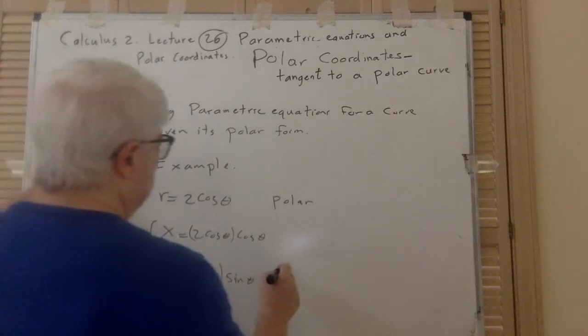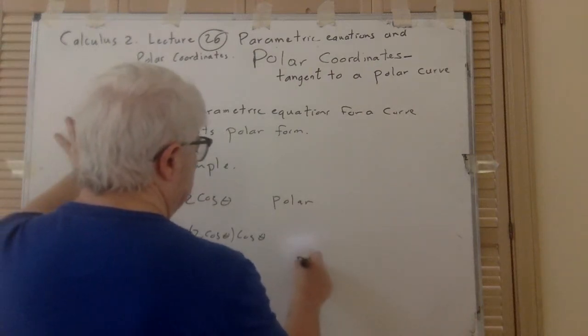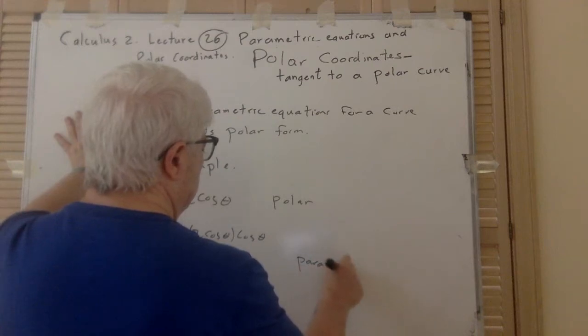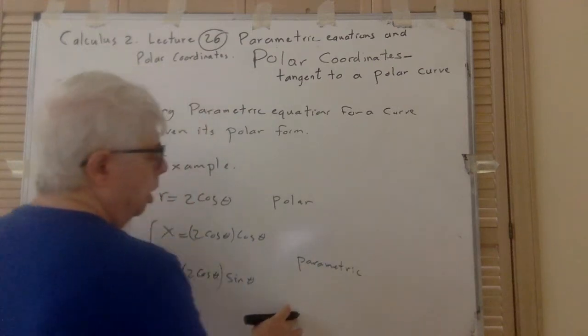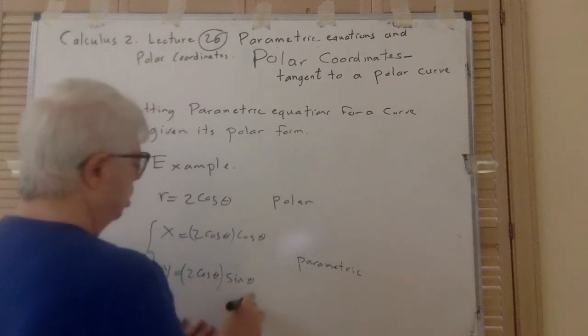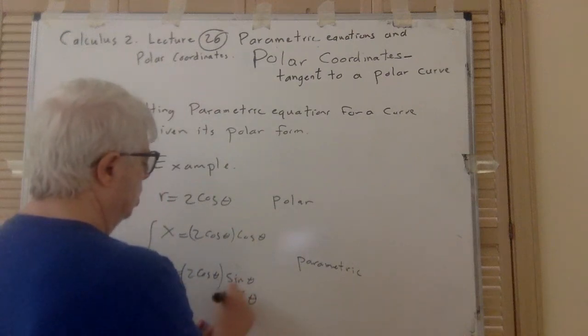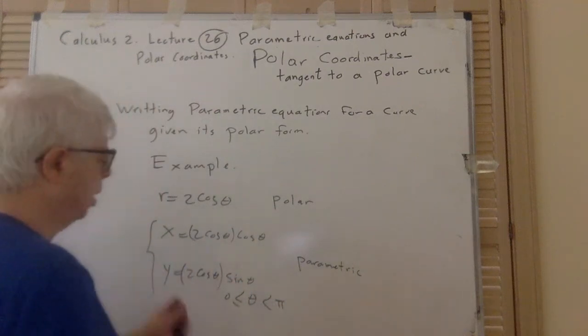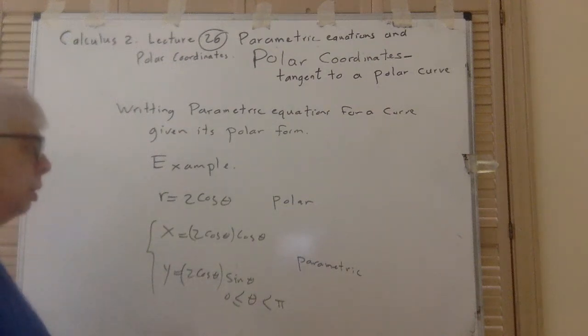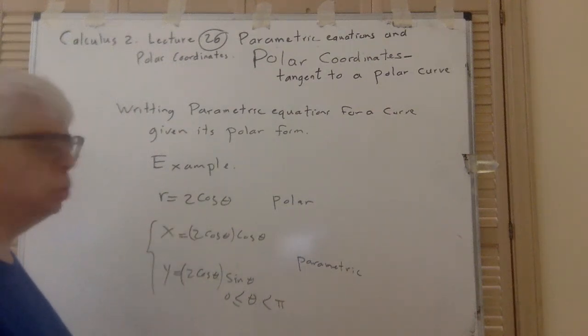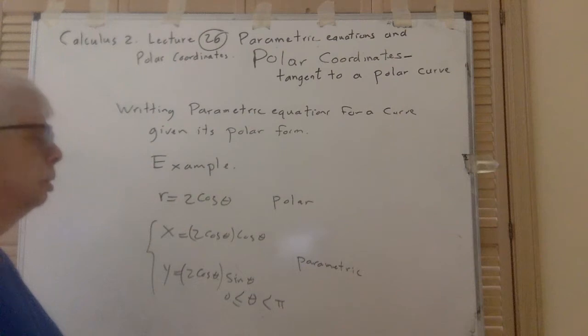Again, this is parametric, and I just say theta goes from 0 to pi. Remember, for this one we just needed 0 to pi to have the whole circle. We didn't need 0 to 2 pi.